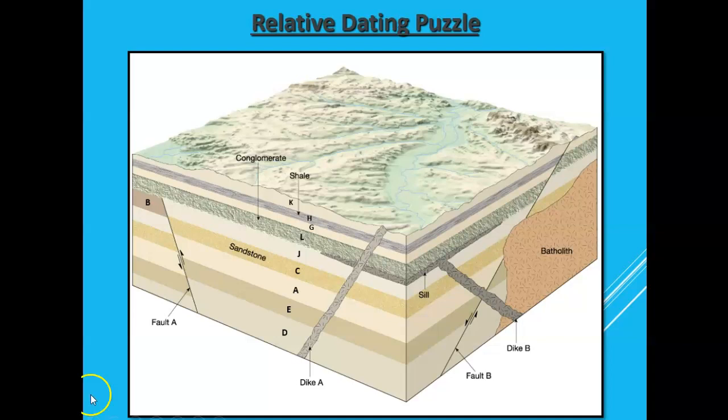So if you'll go through this, I'll put the answer to what this is and why, but I want you to try this one out, because this is the kind of thing that we'd ask you to do in the lab, because we're doing unconformities in lab really quickly, I think next week. And then we also, of course, on the quiz and the homework, I'm going to have you put some puzzles together. So just stick to the rules, and you should be able to figure out the order of the relative age of these rock units.